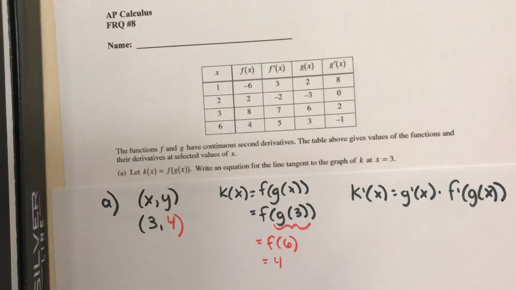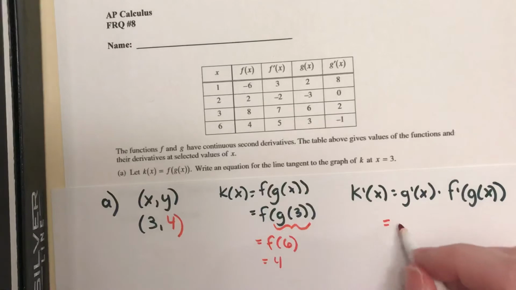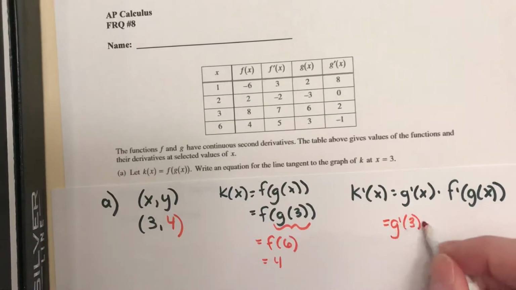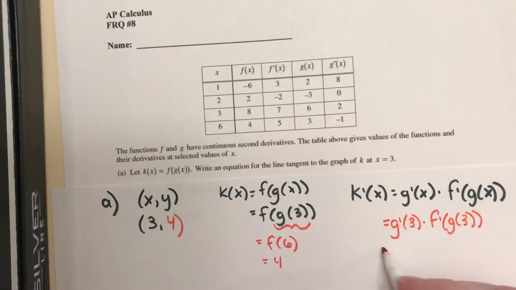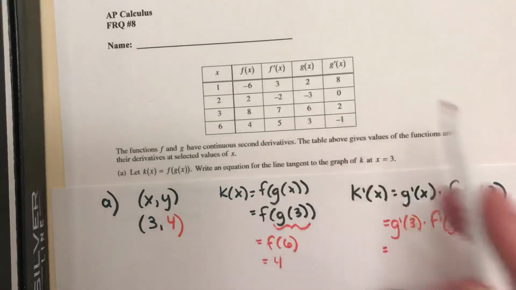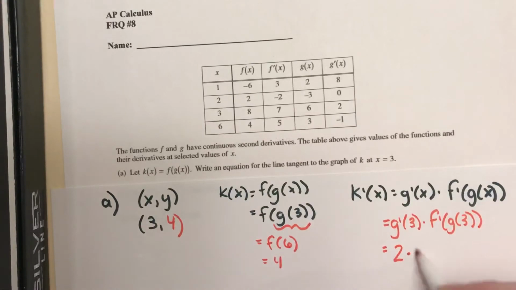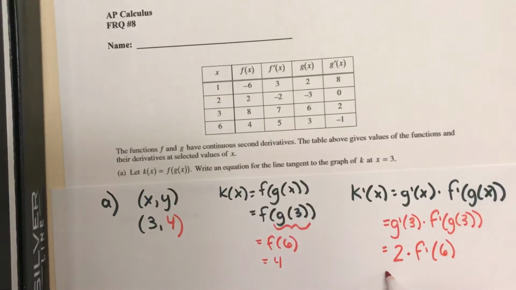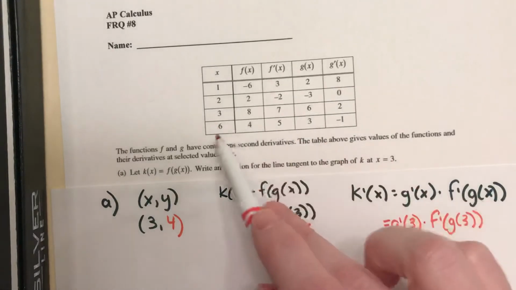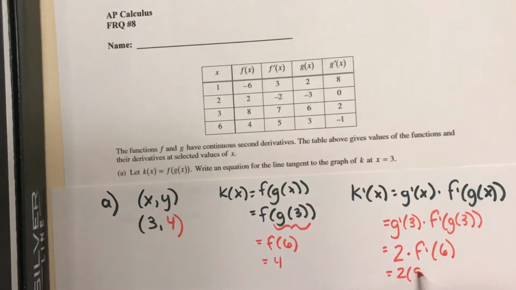Now I'm going to plug in my x value, which is 3. And I'm going to use my chart to find the rest of the values. So g prime of 3 is 2 times, I'm going to do the inside first, so I find g of 3, which is 6. Now I have to find f prime of 6 from my chart. f prime of 6 is 5.